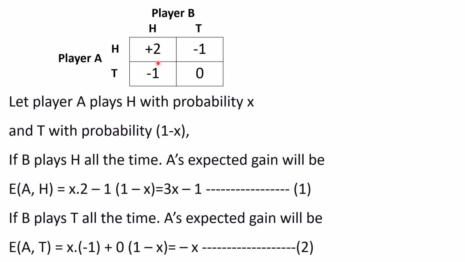So that is 2 into the probability of X minus 1 into the probability of tail, that is 1 minus X. So then it will become 3x minus 1. Let us say this is equation 1.